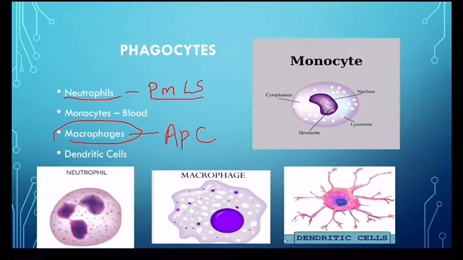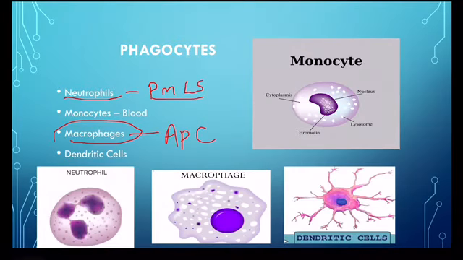Innate immune response is non-specific immune response, generally present from birth, but adaptive immune response is a specific immune response. So for these two immune responses, the macrophages serve as a bridge, the connecting link between them. Macrophages are the first line defense mechanism against infections caused by microorganisms.